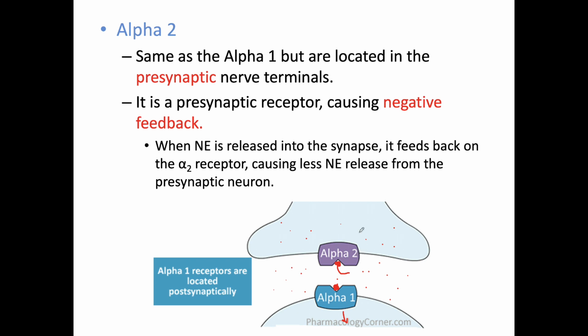This is a type of negative feedback. When your neurotransmitter that usually binds to this neuron builds up in the synaptic cleft to the point where it binds back to the alpha 2 receptor, it tells the presynaptic neuron, hey, we already sent the signal down here. Now we have a buildup of that neurotransmitter. Stop releasing more neurotransmitter. This is a type of negative feedback.